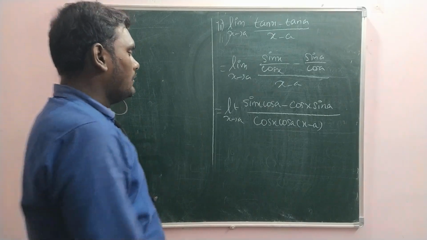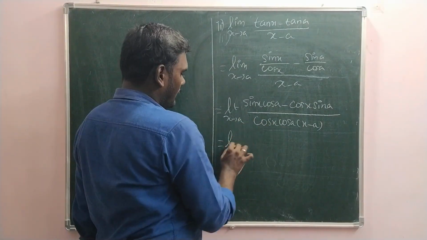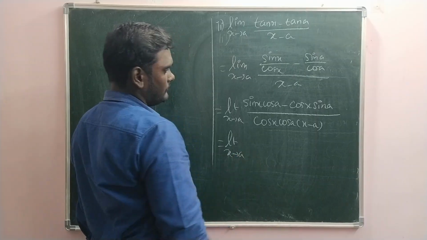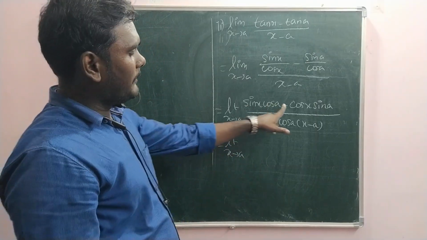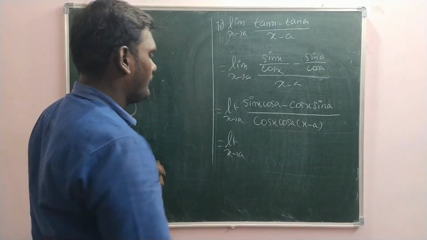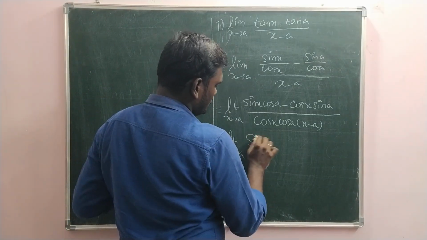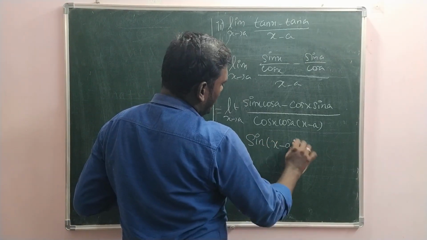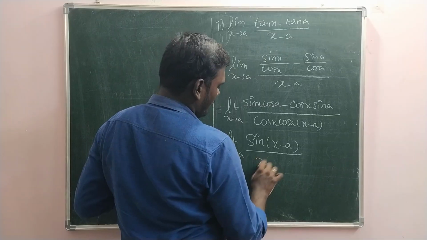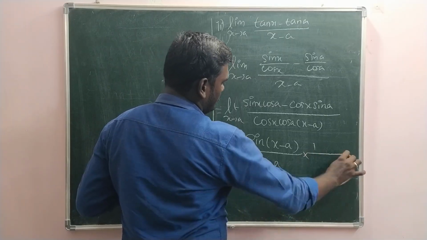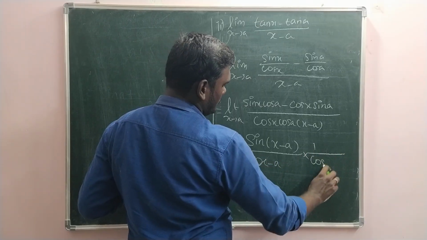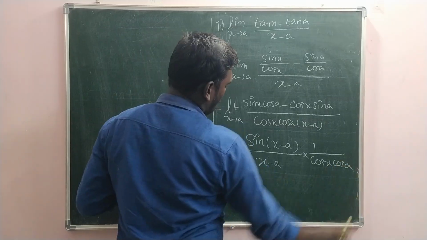Okay. Now this one remains anything? Sin x cos a minus cos x sin a is sin of x minus a, by x minus a into 1 by cos x cos a.